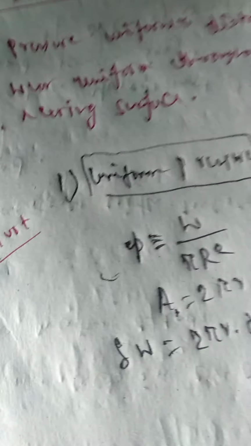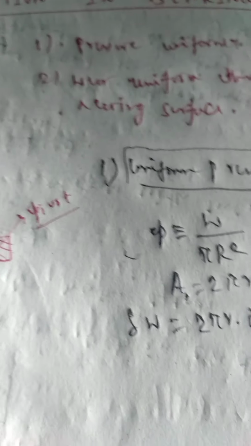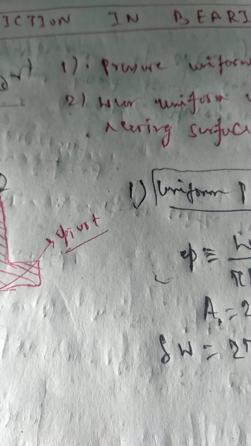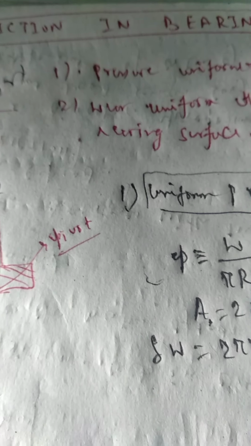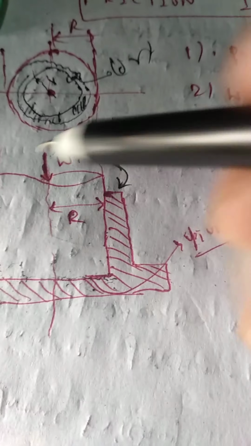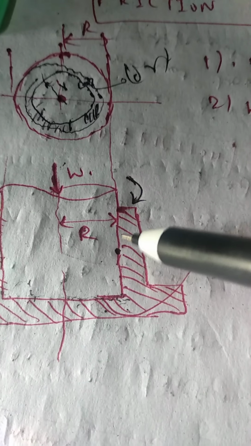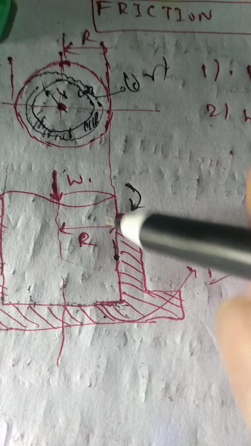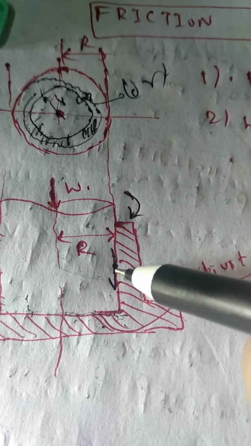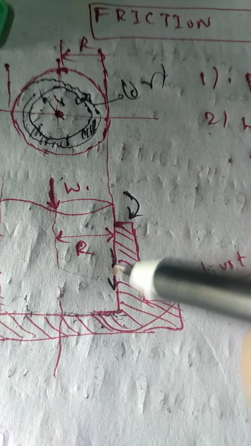Now the frictional resistance due to the sliding of the ring will act in this direction, the frictional force between the bearing surface and the shaft.